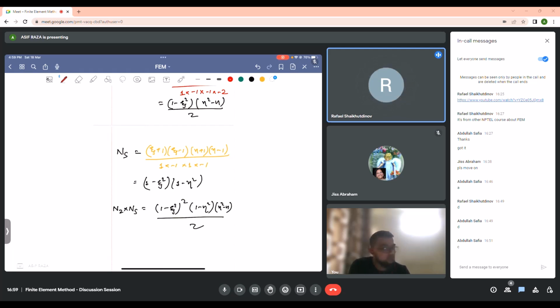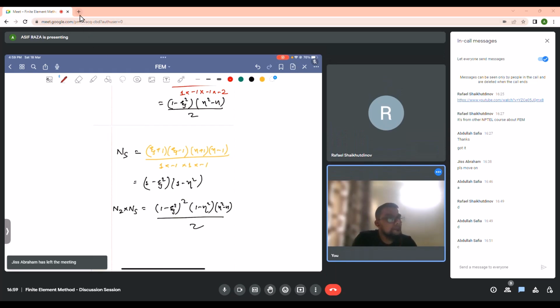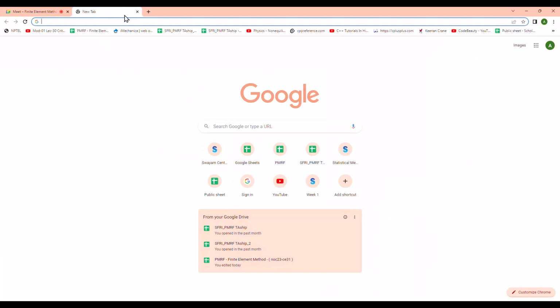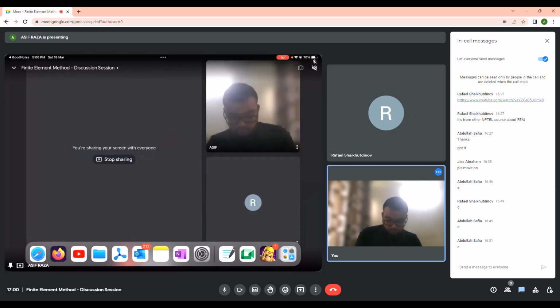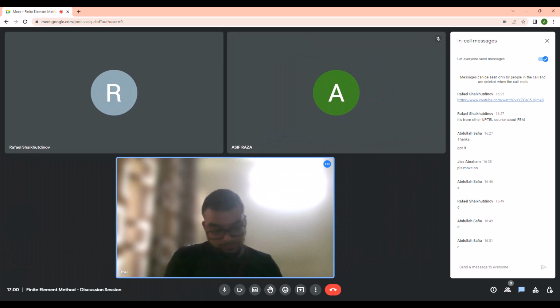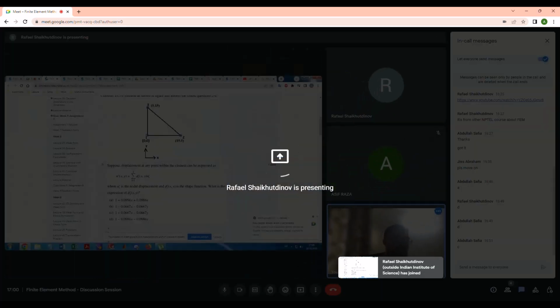Interestingly, in the 8th week we have a computer implementation of a temperature problem, but there's no code shared. I don't know, let me see. Can you share the screen yourself? Can you see my screen? Yeah.